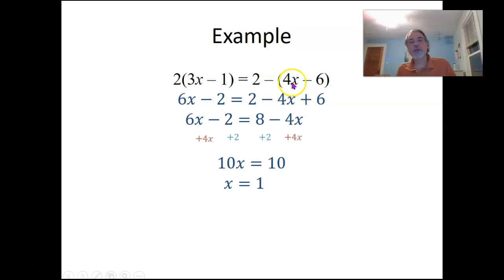Meanwhile, on the other side, inside these parentheses, 4 times 1 would be 4. That 4 minus 6 would be negative 2, and then 2 minus negative 2, same as 2 plus positive 2, that would be 4. And since both sides evaluate to 4, they are equal to one another. The equation is true when x is 1.